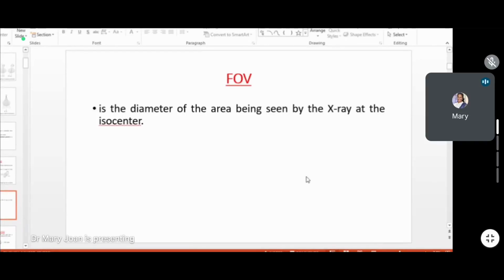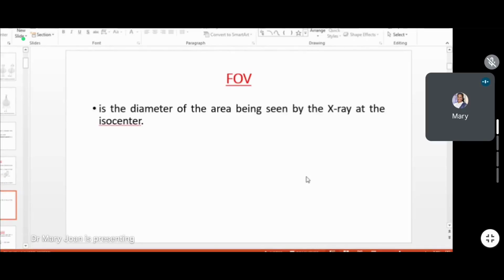And the patient's body on the couch, the center line of the patient lying down on the couch, also has an axis.